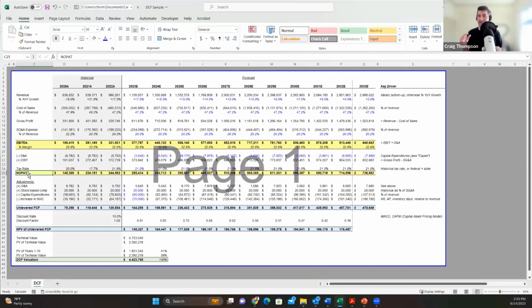What I mean by that is your net profit can go up or down depending on how much debt you borrow, right? If you borrow more debt, then you owe more interest on that debt. You have higher interest expense, and that lowers your earnings.